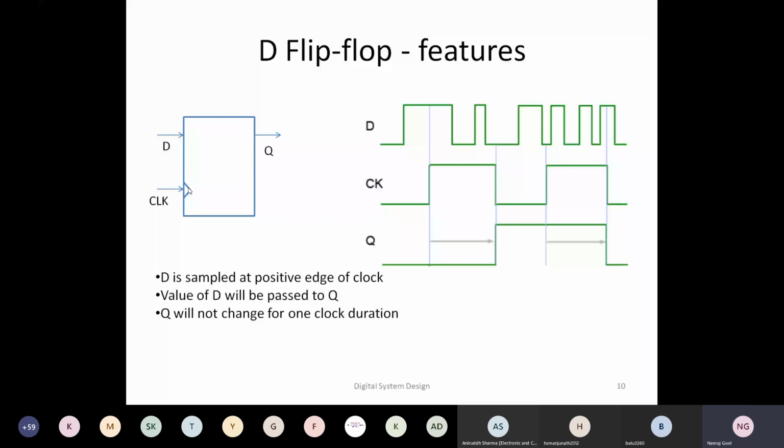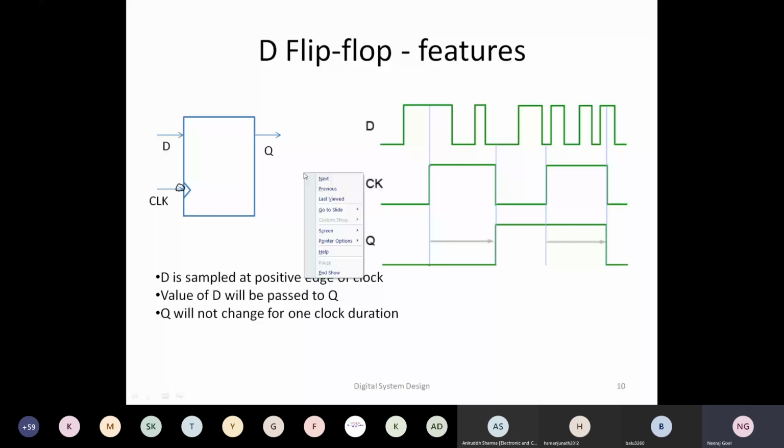If there is a circle at the clock input, it means it is a falling edge triggered D flip-flop. You will have a small circle here, so the circle would mean that it's negative edge triggered, and if the circle is not there, that means it's positive edge triggered.